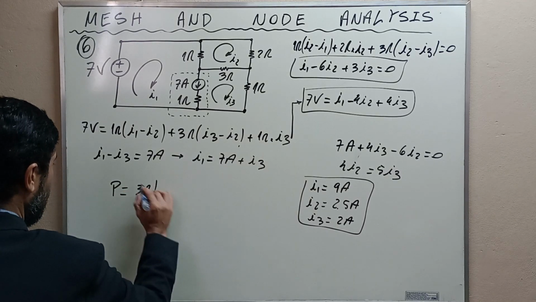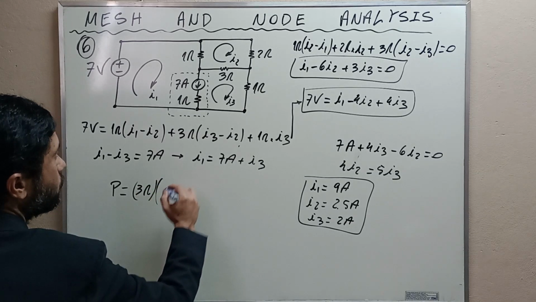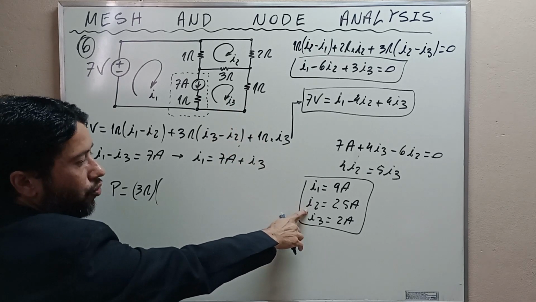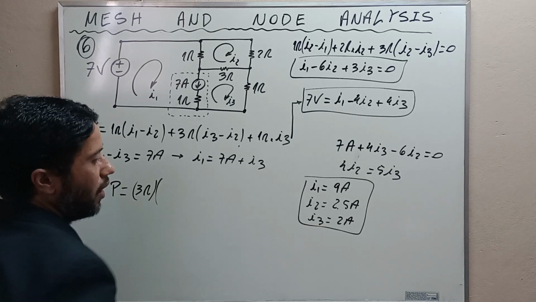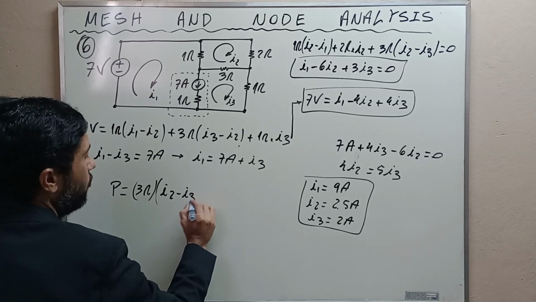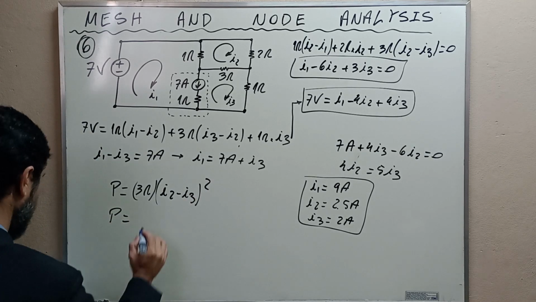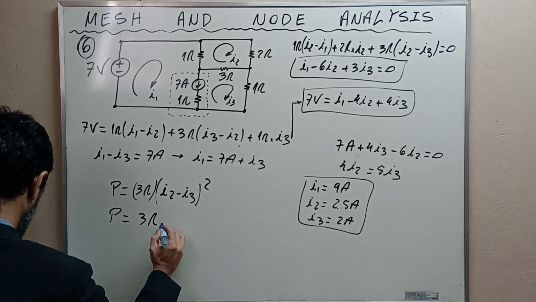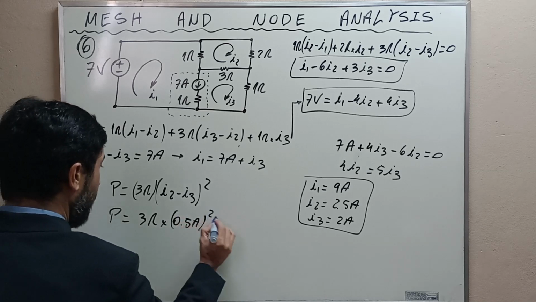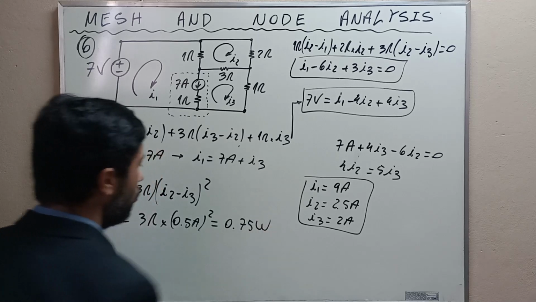It is 3 ohms times, here I have, see that I2 is greater than I3, so it is going to be I2 minus I3 squared. P is equal then to 3 ohms times 0.5 amps squared, and this is equal to 0.75 watts.